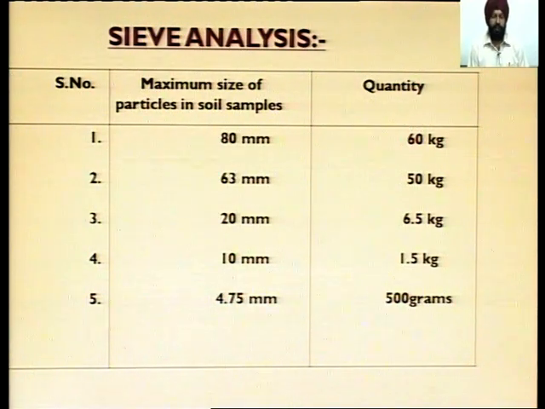Number 3, 20 mm size particles, the quantity taken is 6.5 kg. Number 4, 10 mm size particles, the quantity taken is 1.5 kg, and for 4.75 mm size particles, the quantity is 500 grams that are taken for the sieve analysis.